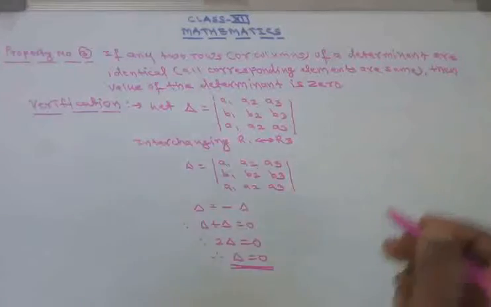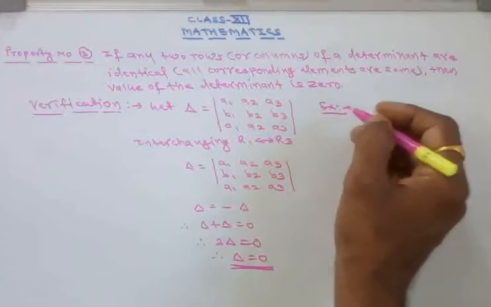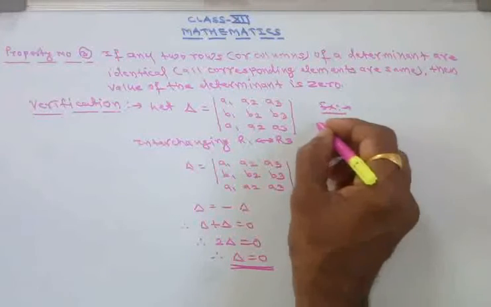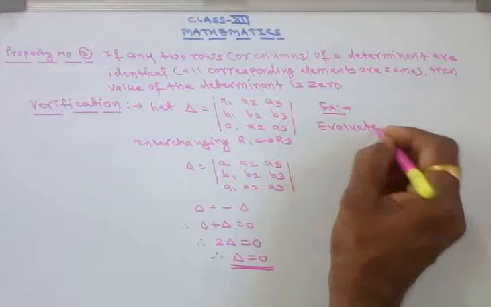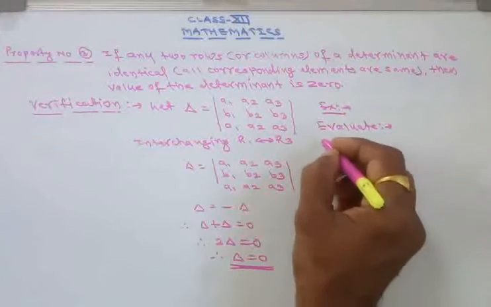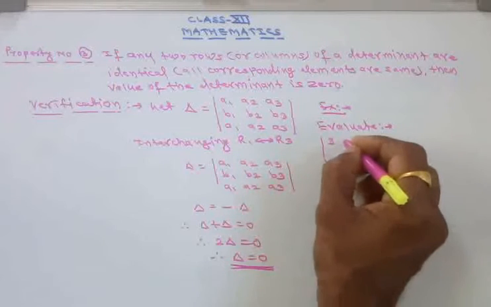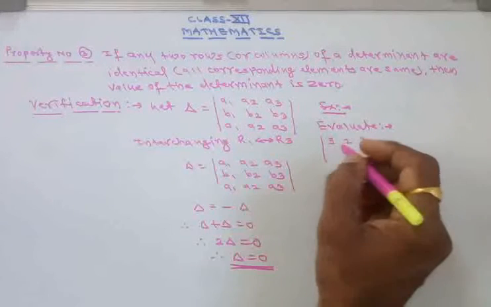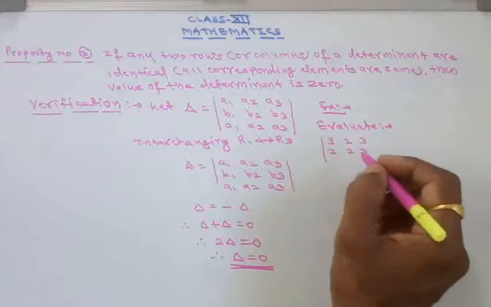You can take one example. Evaluate delta equals the determinant with rows 3 2 3, 2 3 2, and 3 2 3.